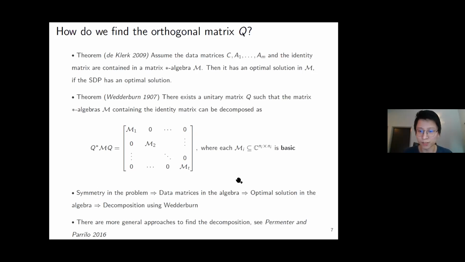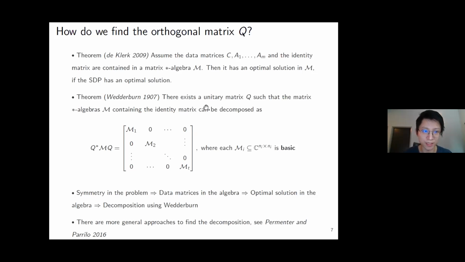Then this first theorem says I can restrict the feasible region to the matrices in this star algebra. So I can replace the feasible region of my problem equivalently by a subset defined by the intersection with the matrix star algebra M here. So all my feasible matrices are contained in some matrix star algebra.